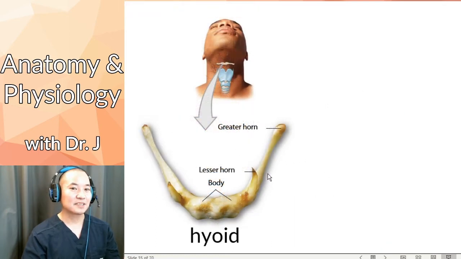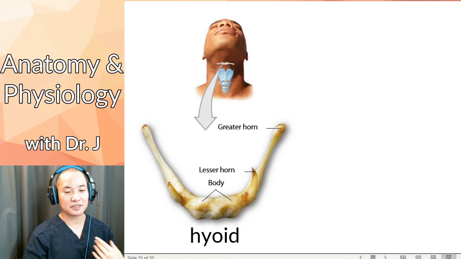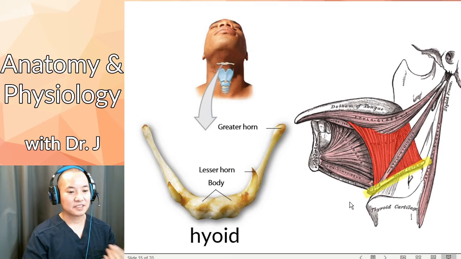So the special thing about the hyoid, remember that term articulation when two bones touch each other? The hyoid does not directly articulate with any other bone. It is the only bone that does not form a synovial joint with another bone. When students hear that, they might think the hyoid is just floating in the middle of nowhere. Well, no, the hyoid is connected to all these muscles.